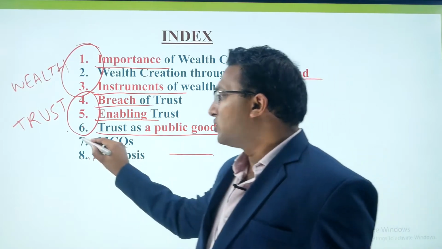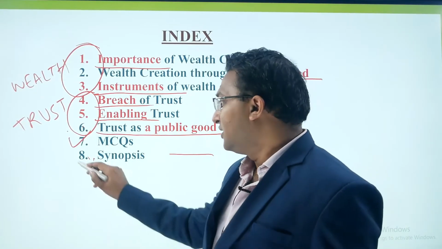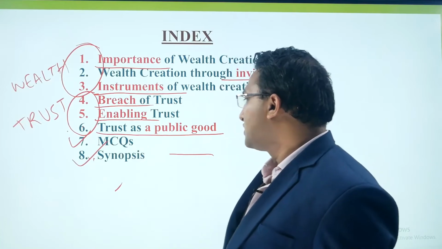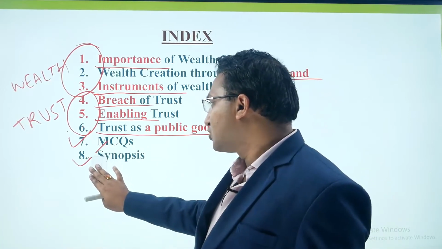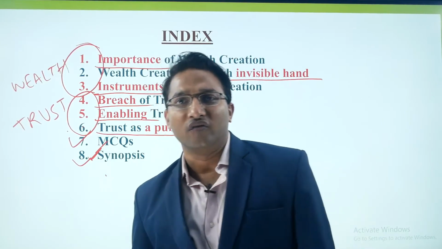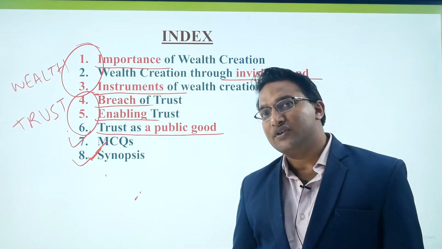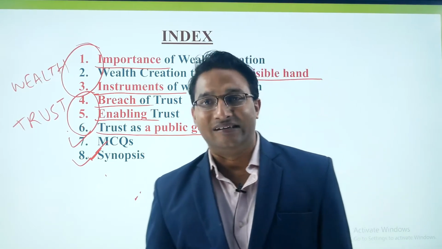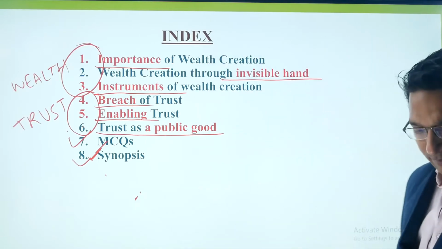Then we will also discuss around 14 multiple choice questions, and finally we will also see the synopsis, right? So this is a comprehensive coverage. I have already given the PDF document of these questions, MCQs, as well as the crux material. So you can refer to that material when I will be covering this PowerPoint presentation.